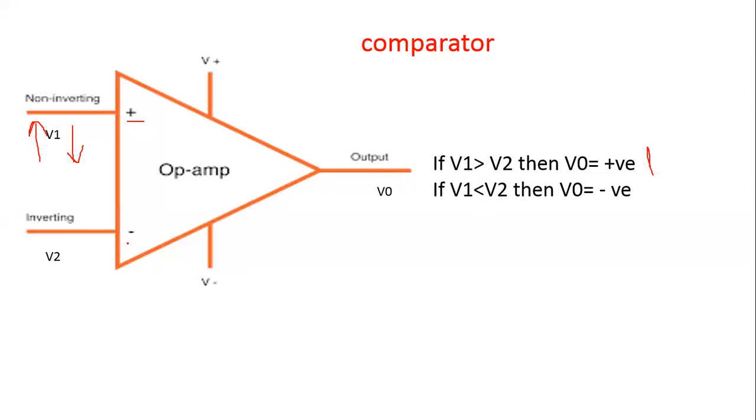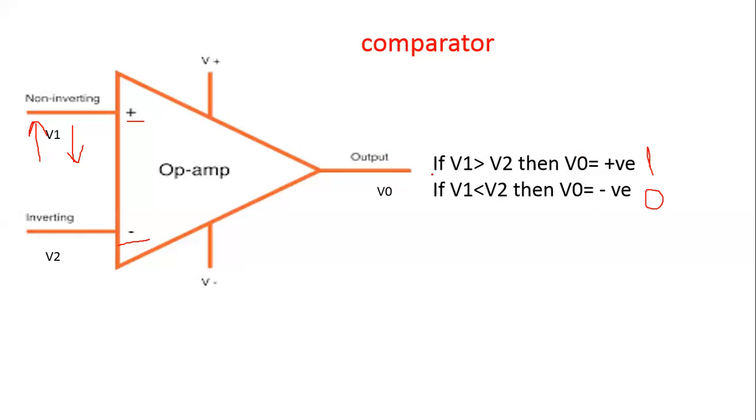This is because the inverting terminal is high. At that time we treat it as logic 0. So we are comparing two analog signals or digital signals, and we get either logic 1 or logic 0. Okay, so please keep it in mind.